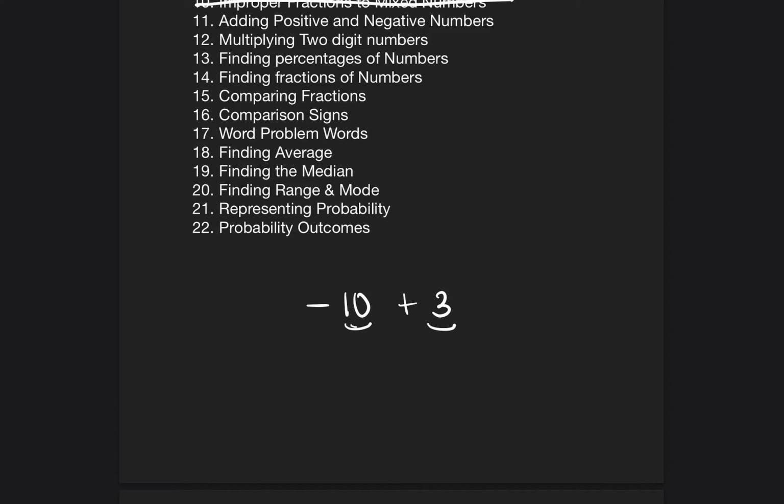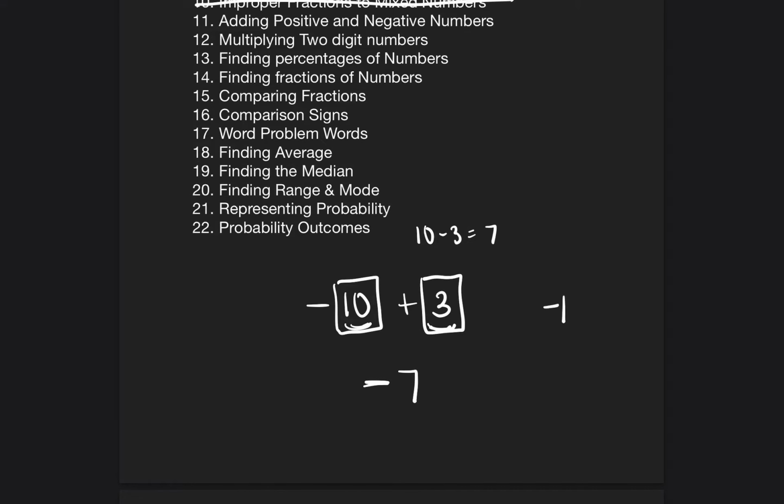The negative is a 10 and the positive is a 3. So the negative has the larger number, so my answer is also going to be negative. Then I ask myself, if I just look at the numbers by themselves, 10 and 3, what is the difference? 10 minus 3 is 7. So my answer would be negative 7.